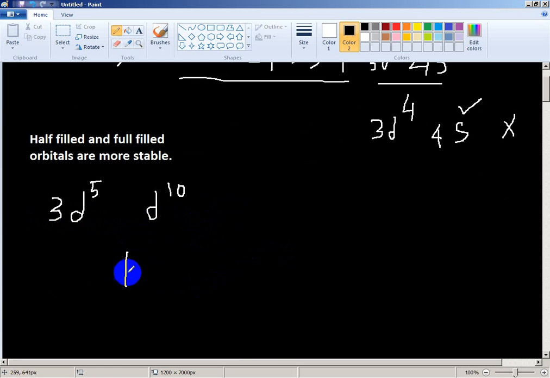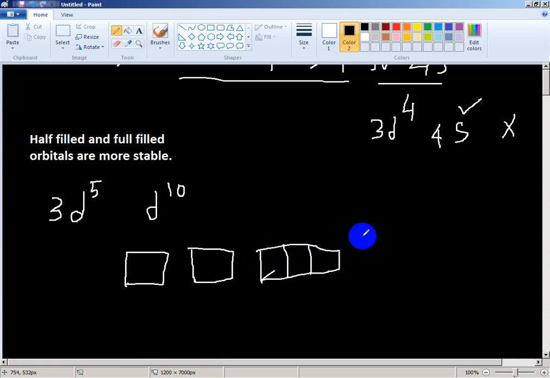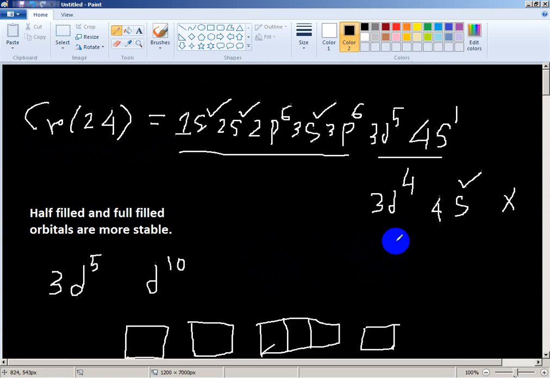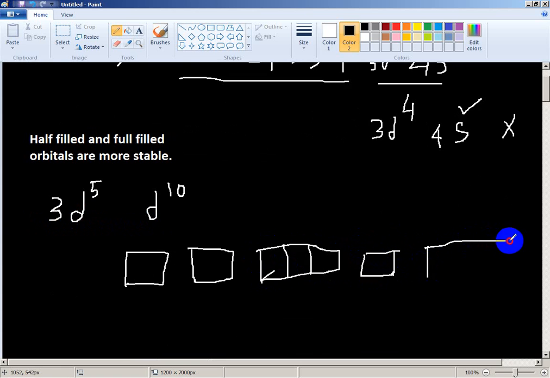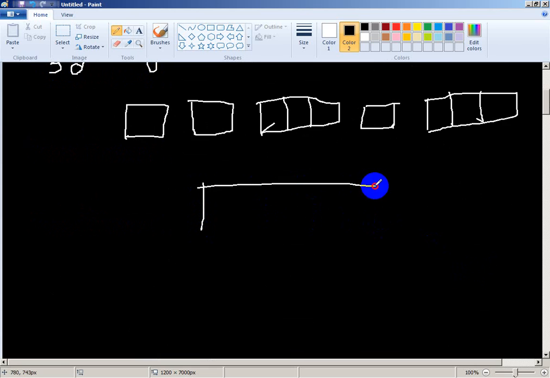Using the 1s orbital, then the 2s orbital, then the three 2p orbitals, then the 3s orbital, then the 3p orbitals, and then the 3d orbitals. In the d orbital there are 5 orbitals.